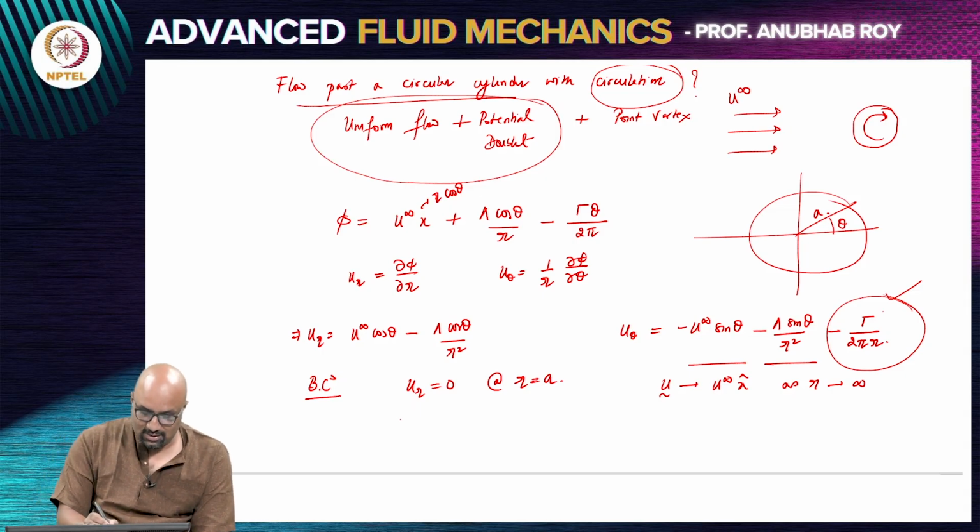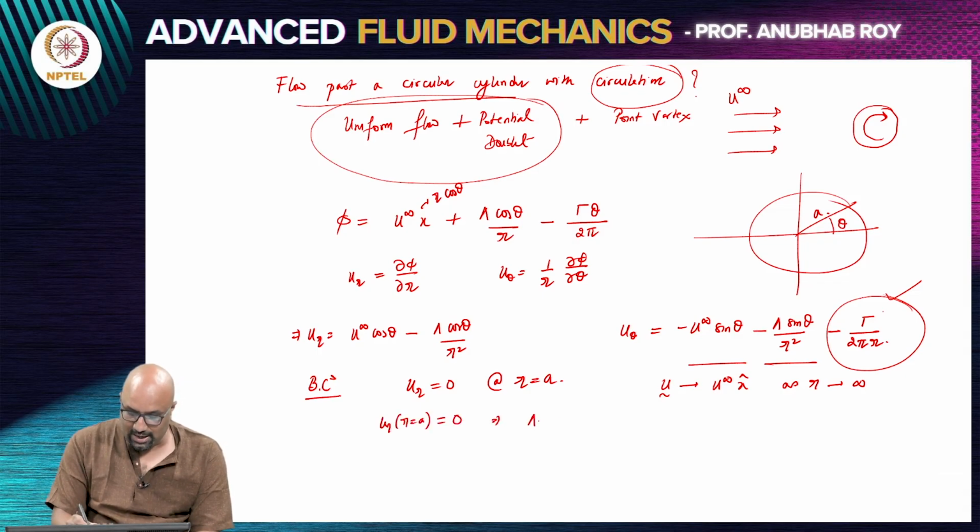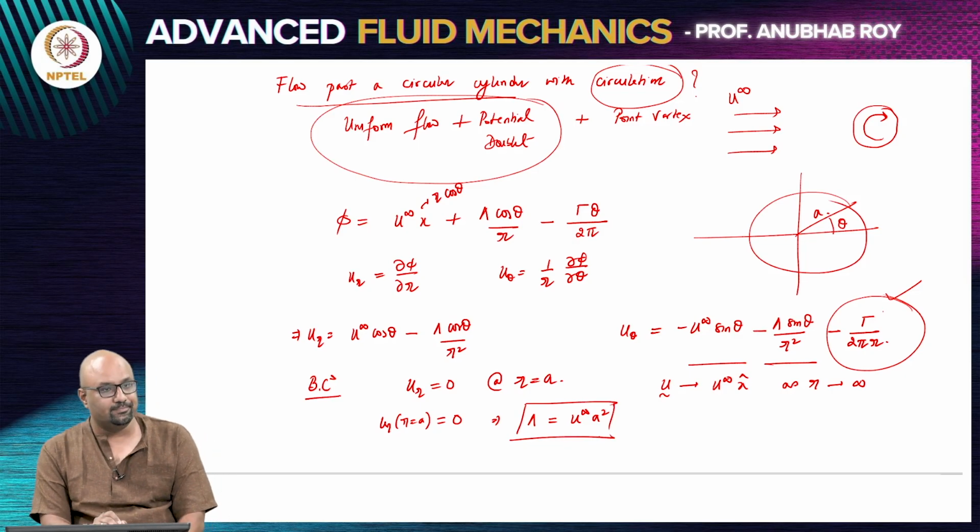So, finally, if you apply on UR, if you say UR at r equals a is equal to 0, that gives you lambda is equal to u infinity a square. This result does not change from your previous conclusion.